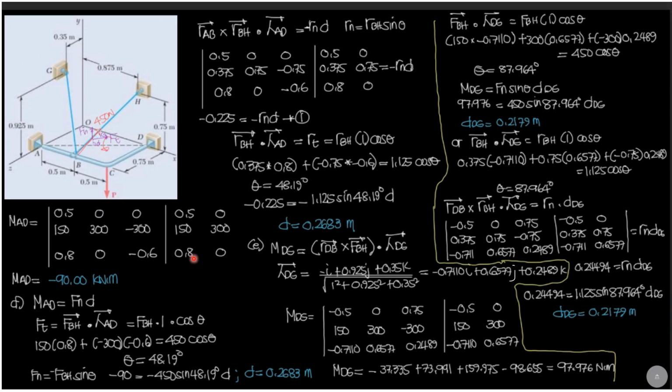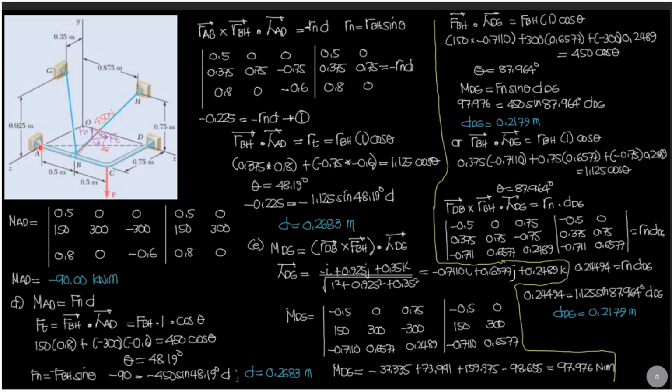So the moment about axis AD is equal to RAB cross FBH, then dotted with the unit vector of axis AD. So this is AB going to the positive x direction, 0.5, then we reach B, so 0, 0. Then the components of the force FBH, 150I, 300J, negative 300K.